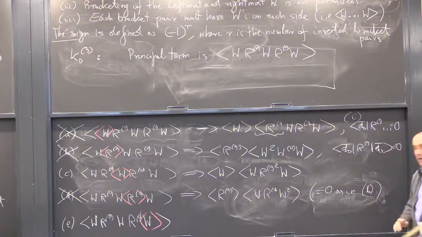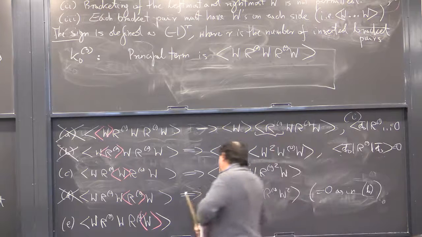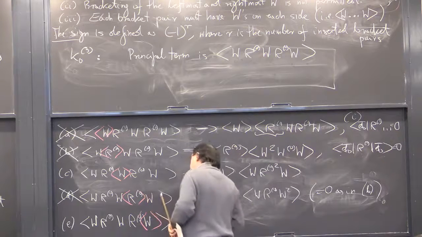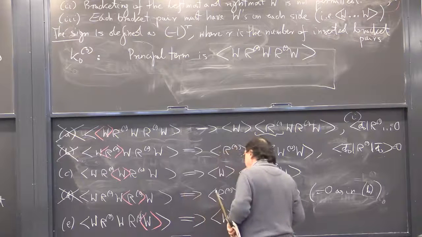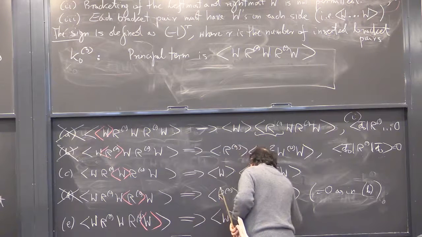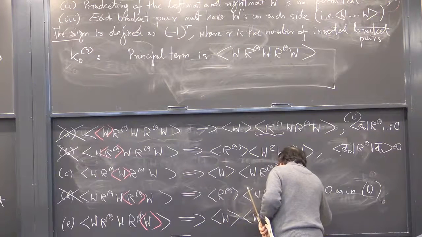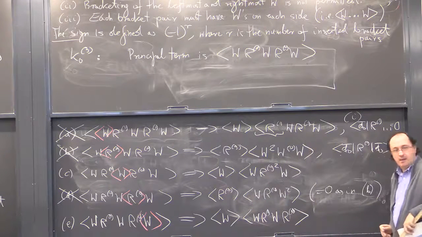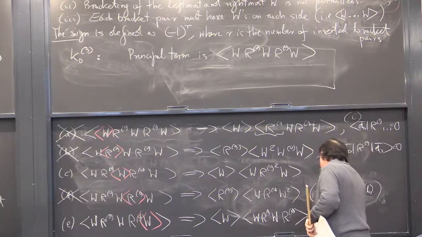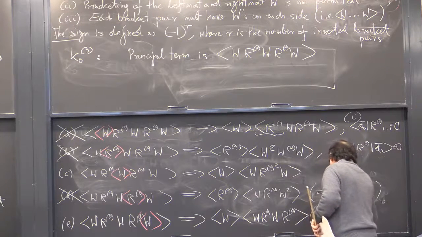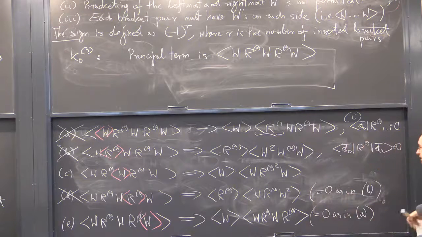And again, we violated the rules in this case, so that's why we're not going to keep it. And the last case, if I tried to work it out, I would end up with W, and then I would have W, R0, W, R0, and a bracket. You would have R0 acting directly on phi 0. So this is again 0 as in A, or similar to A.